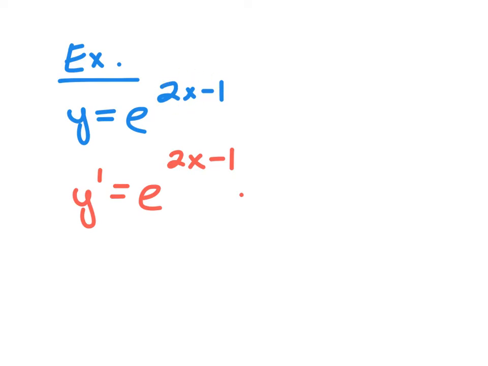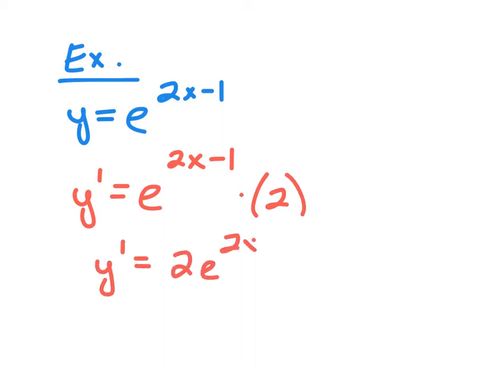Well, the derivative of 2x minus 1 is just 2. So I can write y prime is equal to 2e to the 2x minus 1. In words, this is just going to be e to the original exponent times the derivative of the exponent, and that is the derivative of this exponential function up here.